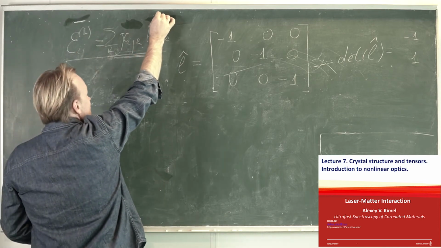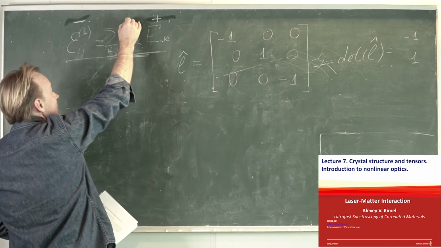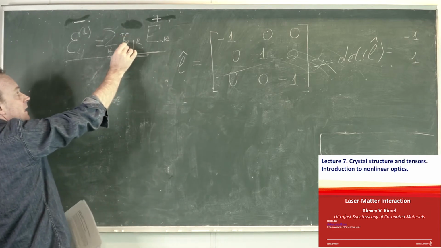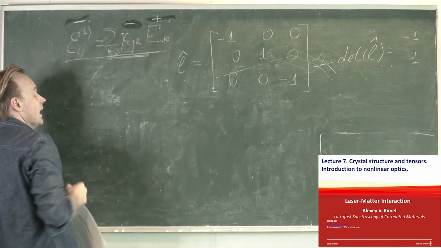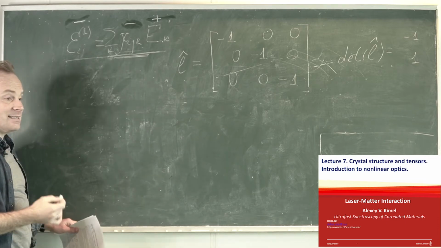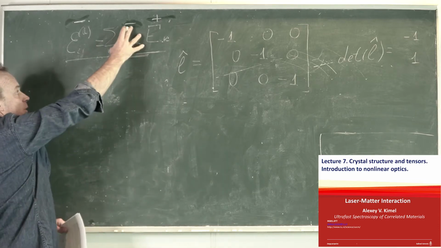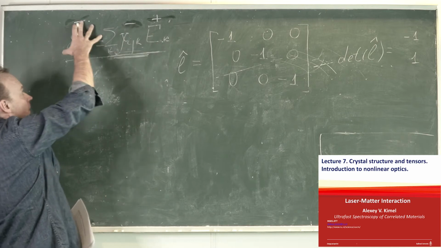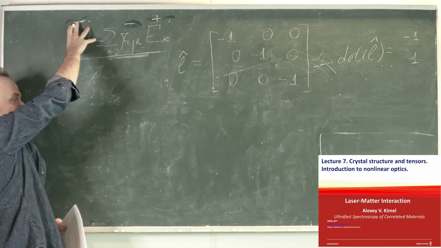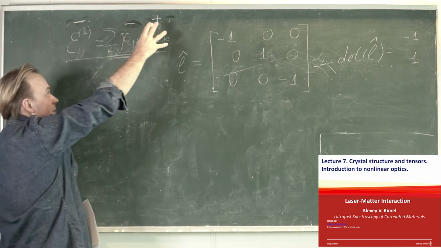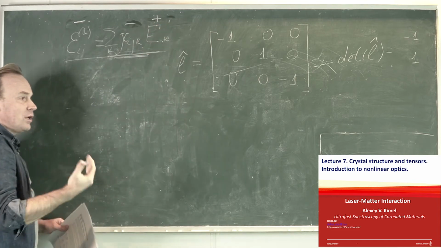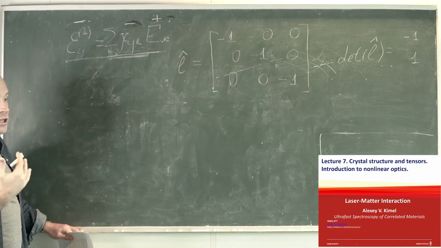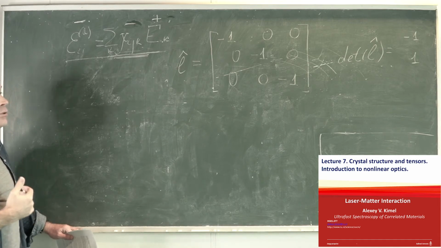Electric field doesn't change sign upon time reversal. It means that components of this tensor must change sign upon time reversal, and it actually says that this property, or in particular the antisymmetric part of the dielectric permittivity induced by the electric field, is only allowed in media which are sensitive to time reversal.